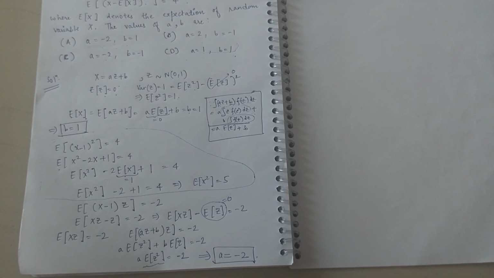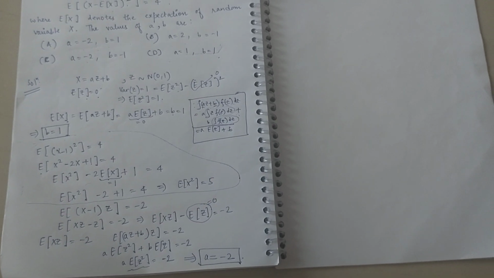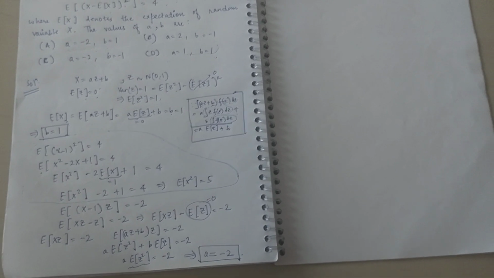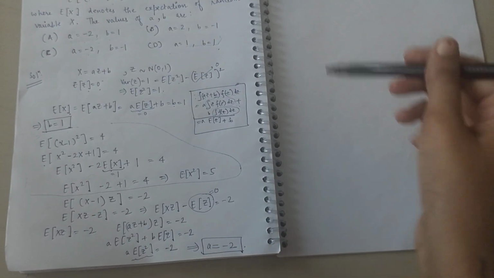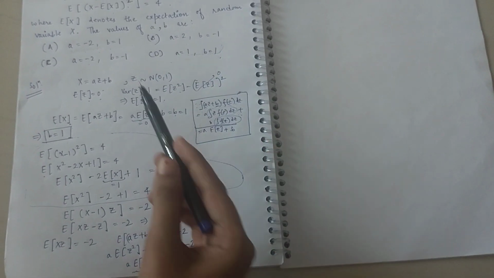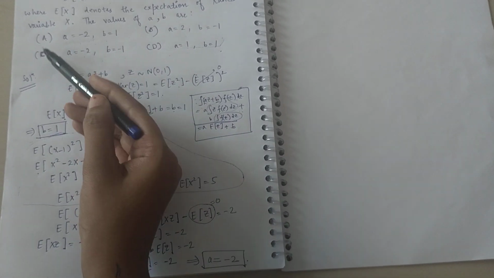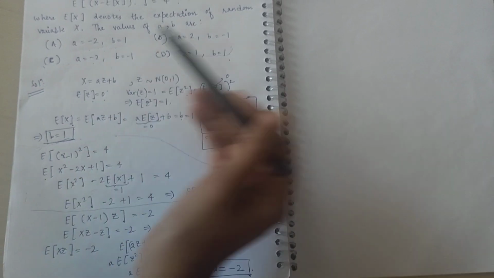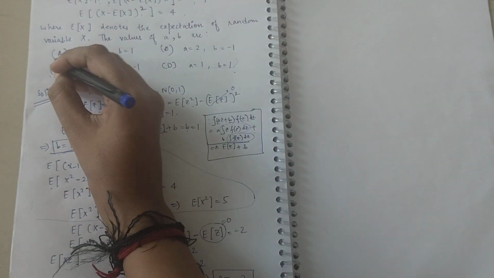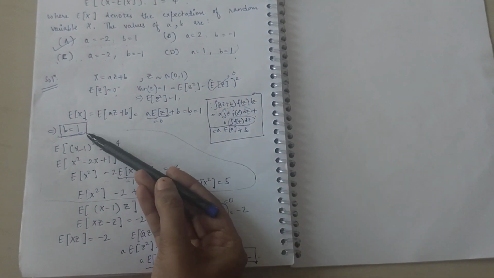I could not find it then, but I came back to this question later on, and I was able to find a equals minus 2. But at that point, I forgot that I had solved b as 1, and instead I marked option C in the exam, whereas A was the correct option. We can see a equals minus 2 and b equals 1.